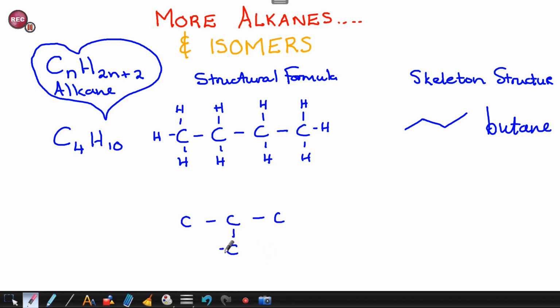So now the molecule will have different physical properties because the intermolecular forces will change. And we know that it's van der Waals forces, or London forces in this case.